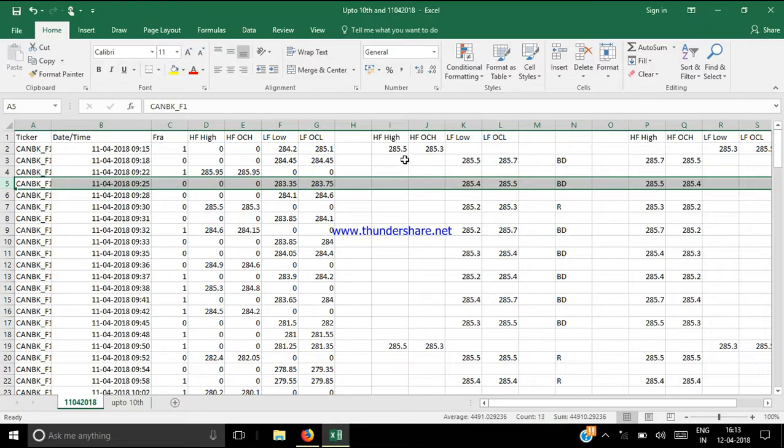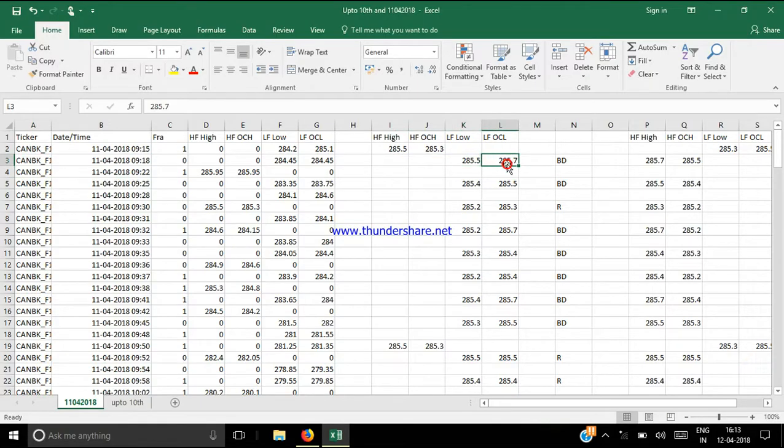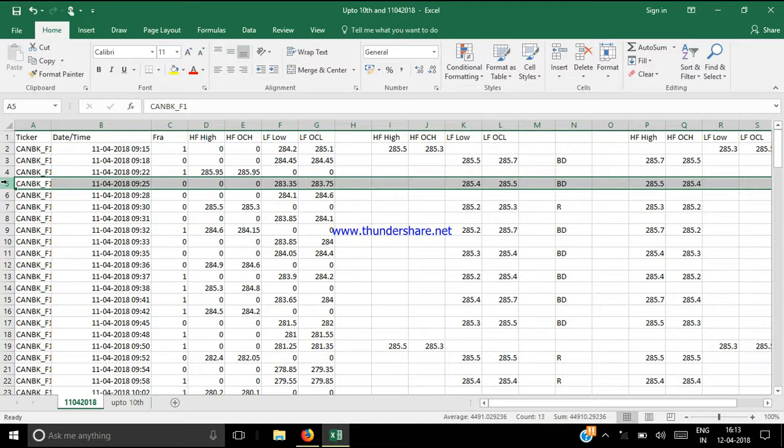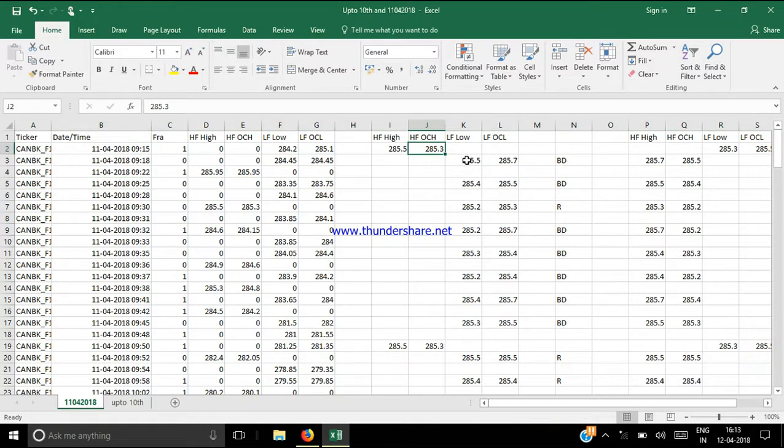So for example, if I replace these values here and it satisfies this rule, both the columns should disappear. This column should disappear with HFOCH. This column should disappear with LF low and LFOCL, provided it satisfies the value condition.